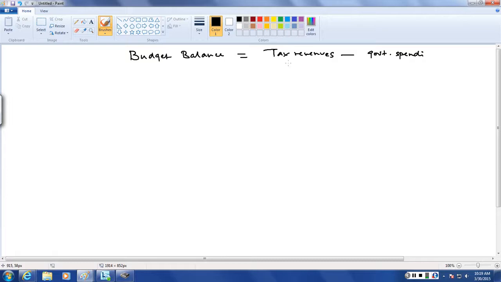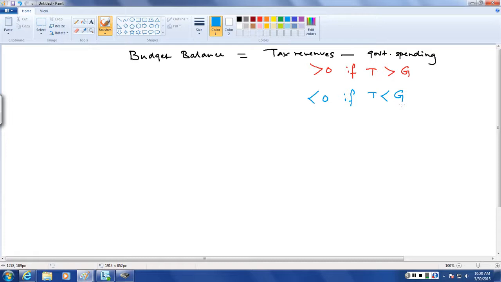Now this can be a positive number if tax revenues are greater than government spending. Right? On the other hand, this would be a negative number if tax revenues are less than government spending.